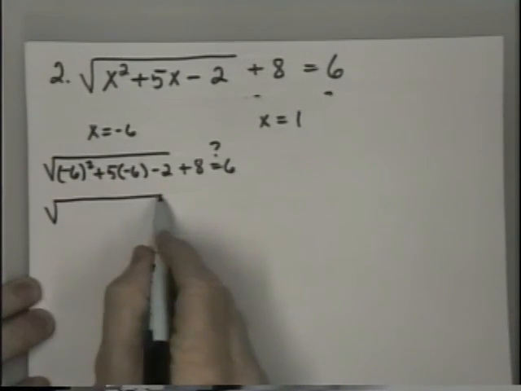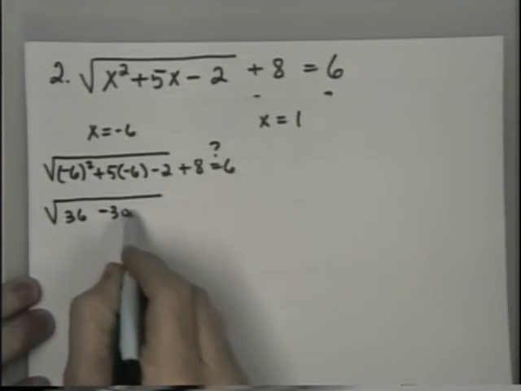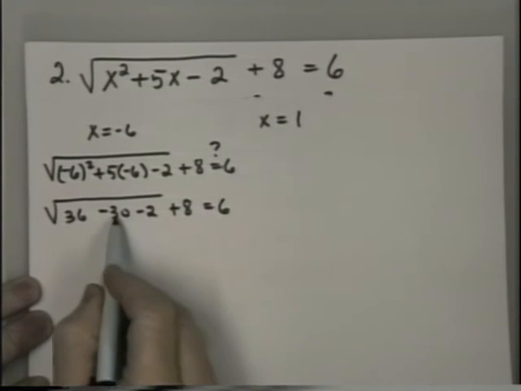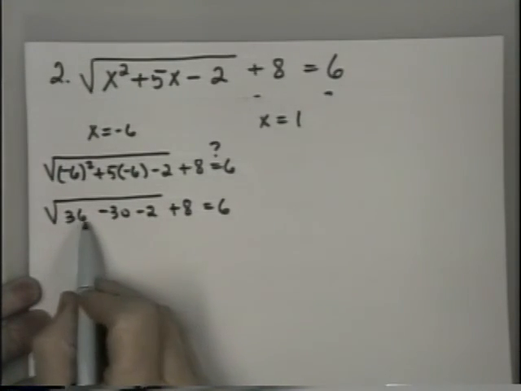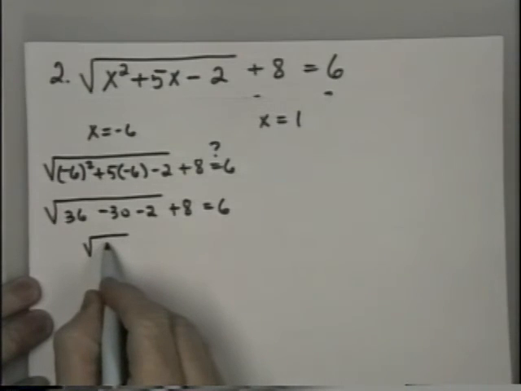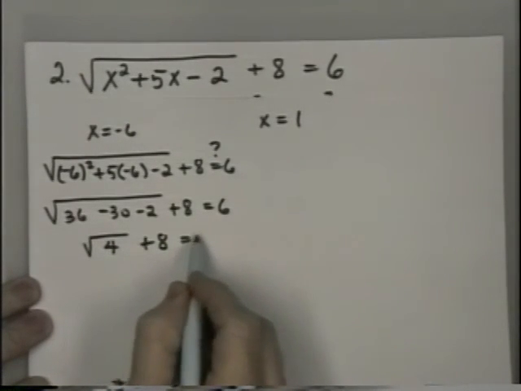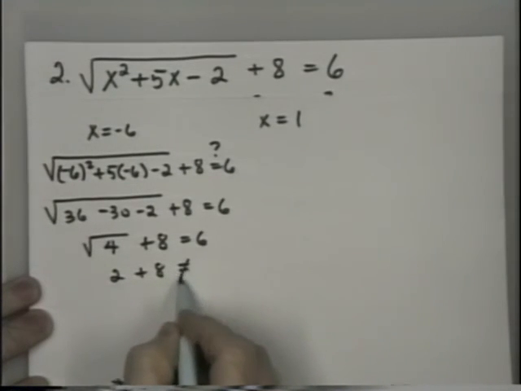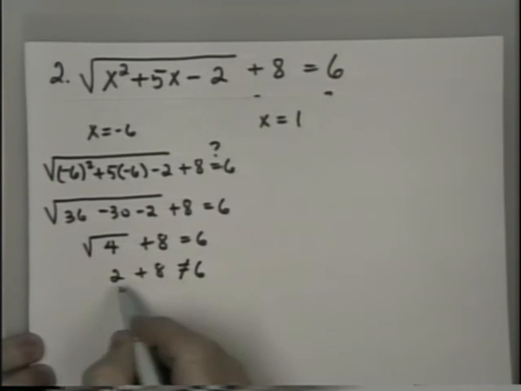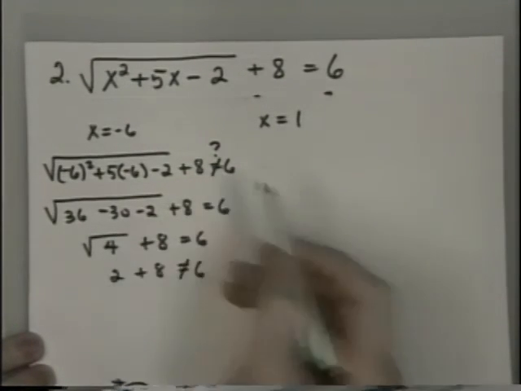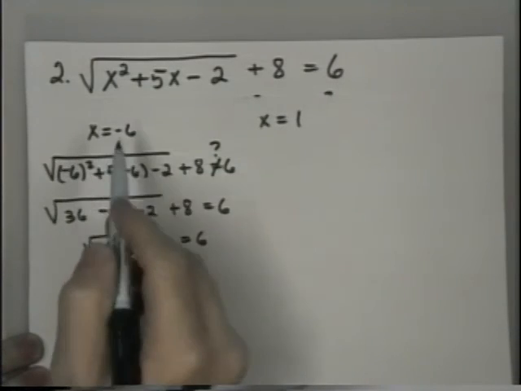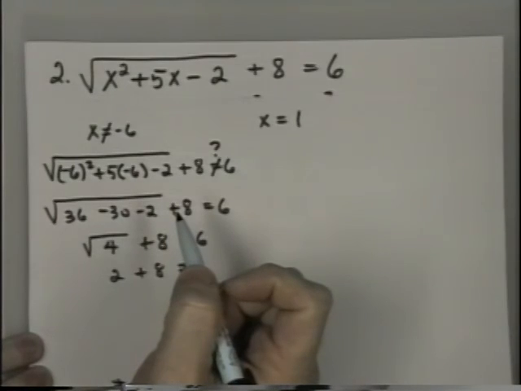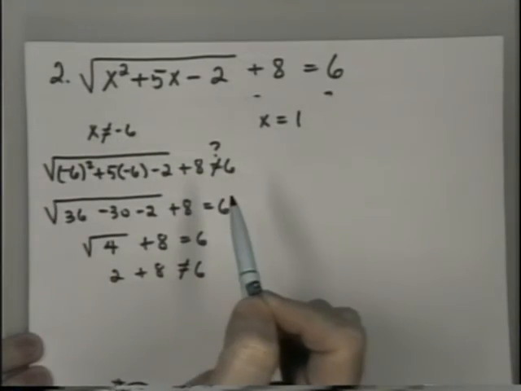Well, that's the square root of 36 minus 30 minus 2 plus 8 equals 6. Minus 32 there. 36 minus 32 is the square root of 4 plus 8 equals 6. Or 2 plus 8, and that certainly is not equal to 6. So therefore this is not true. So therefore x can't be negative 6 in my solution set. So this must be an extraneous solution.